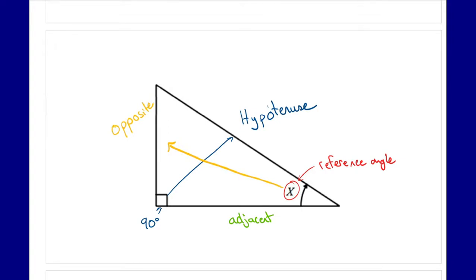We did say that the opposite and adjacent are dependent on the reference angle. So if this reference angle here was moved up to the top, it would switch our opposite and adjacent, because then this vertical side would be our adjacent and the other side would be our opposite. So that's what we mean when it's based on the reference angle.